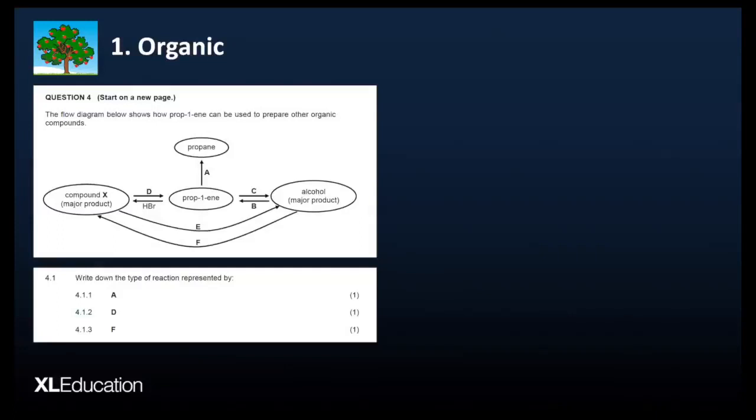Right, in this case, we have got three common or major organic reactions, which are addition. Right, the opposite of addition is elimination. Then we have substitution.